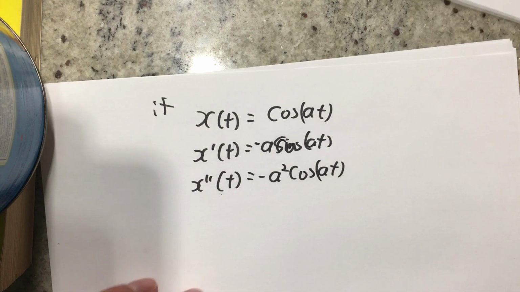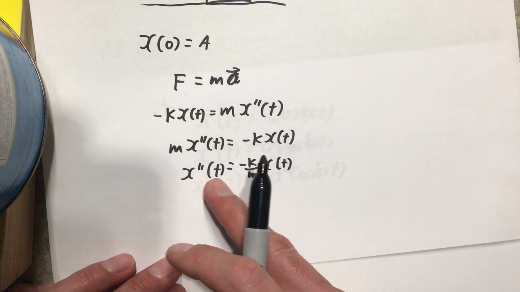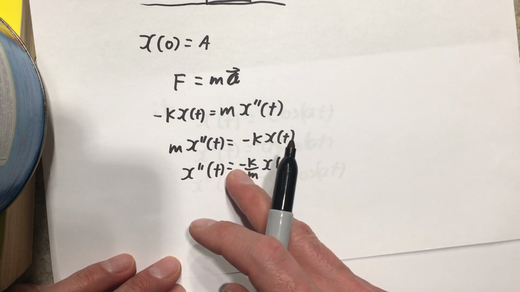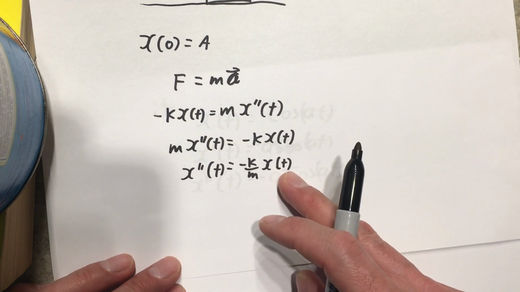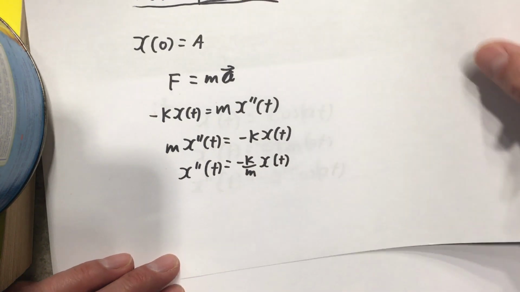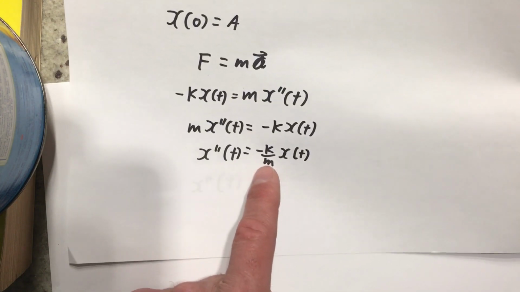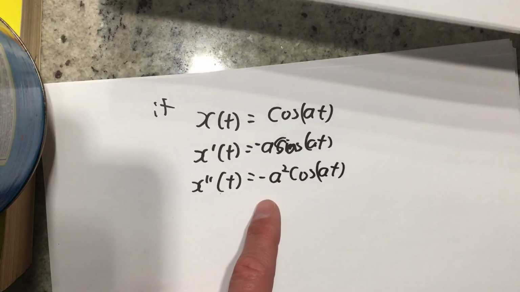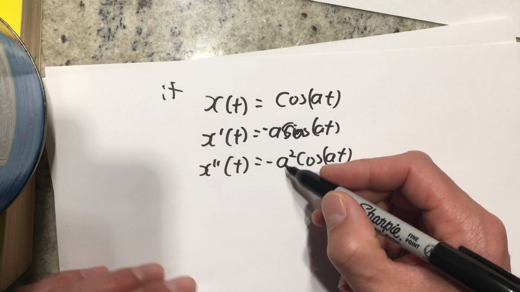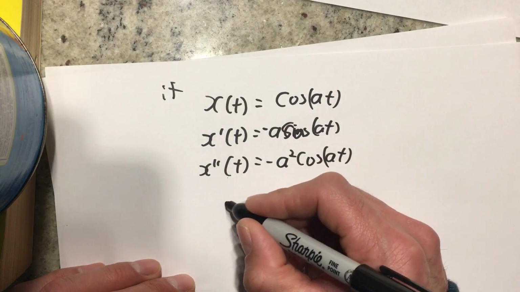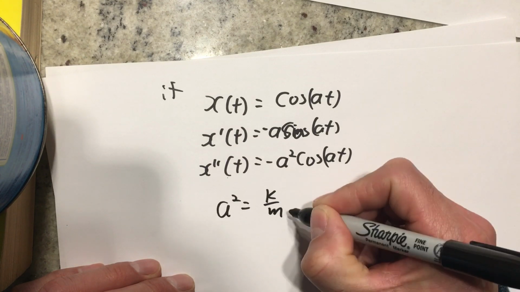Now remember what we're going for. What we're after is we want the second derivative to be equal to the negative of k over m times the function that we start out with in the first place. So we need the negative k over m to take the place of negative a squared. So let's try, what if a squared was k over m?